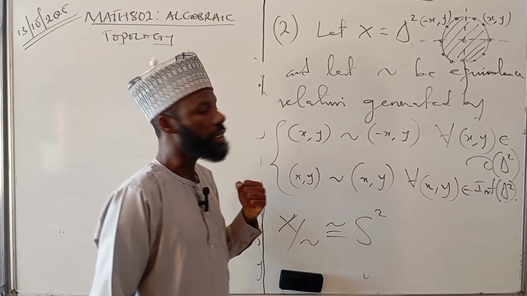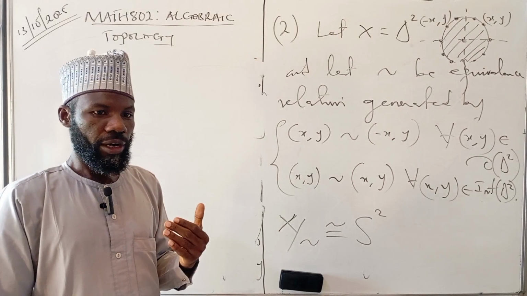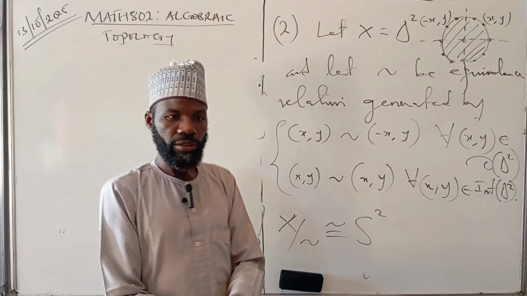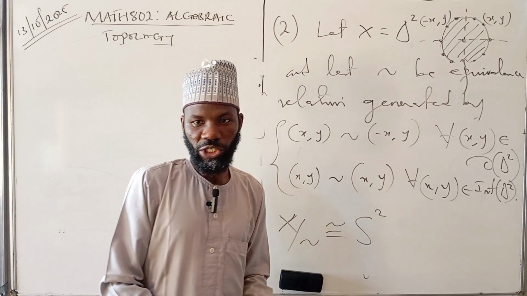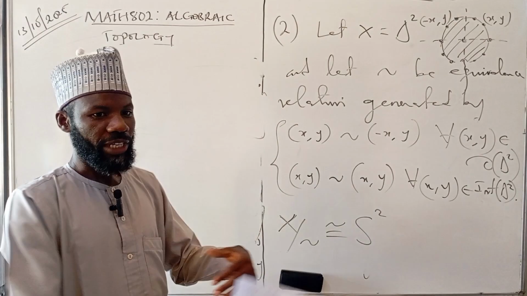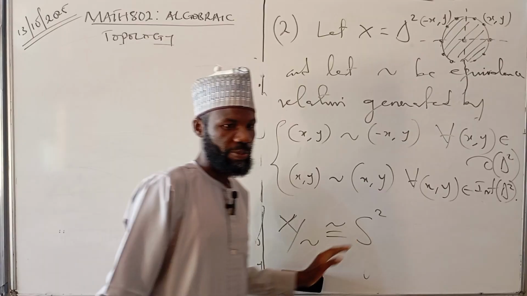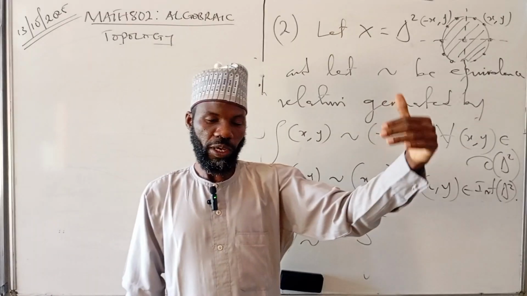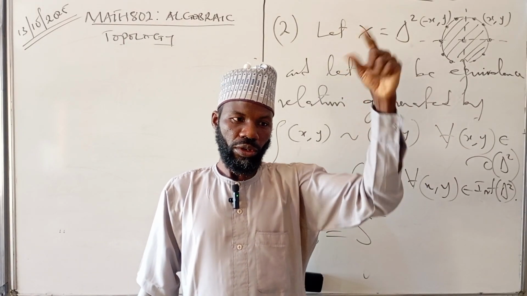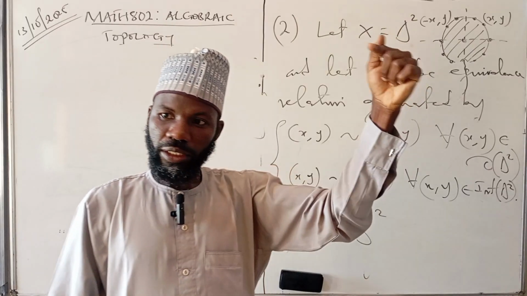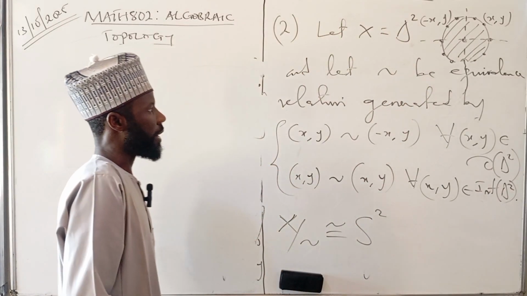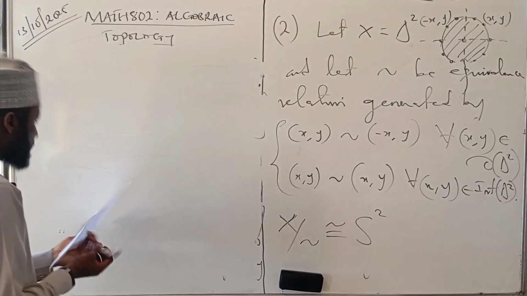Sometimes you think of a sphere as the quotient space obtained from a ball of the same dimension. You can see that this ball is of the same dimension as the sphere. But when you think of the sphere as the boundary, the dimension of the ball is one higher than the dimension of the sphere. So all these things should be clear.